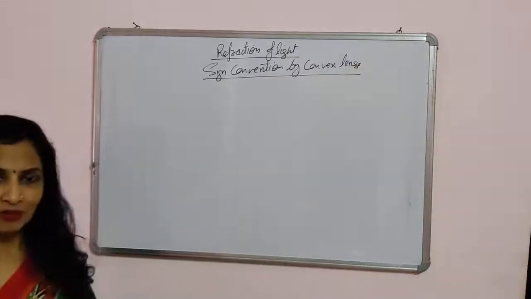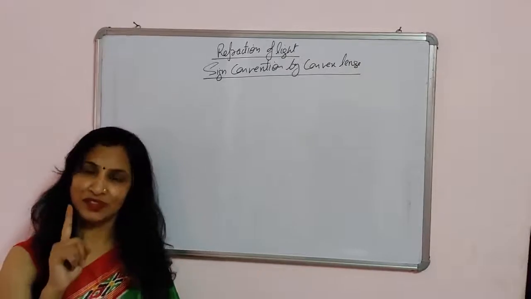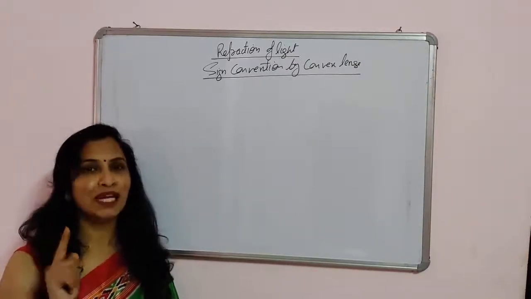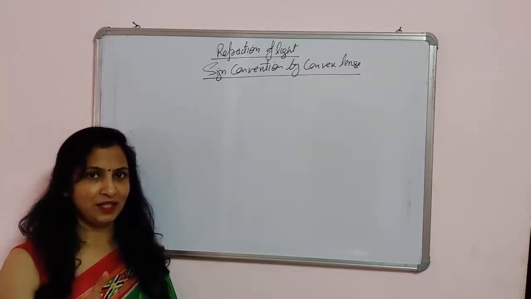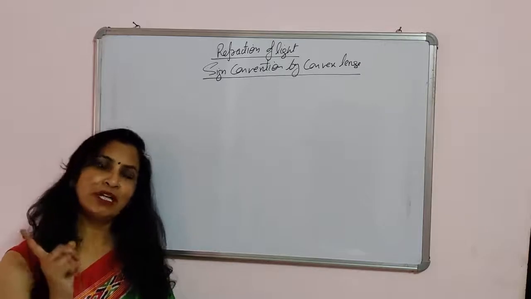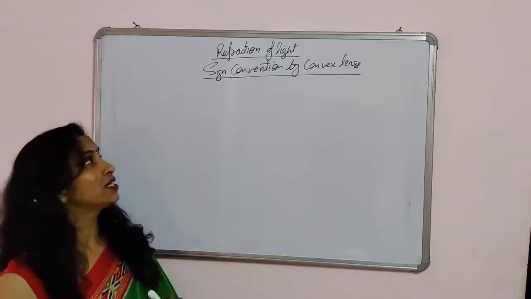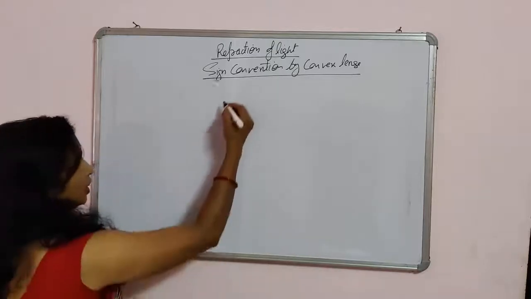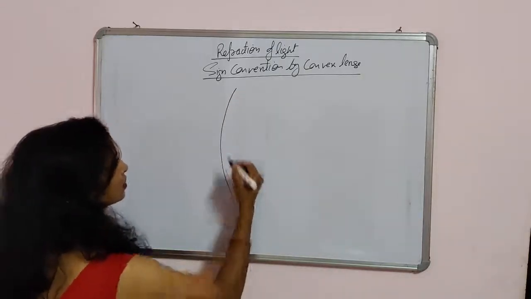For sign convention, first it's really important that you should know how you can obtain images by using the convex lens. If you know image formation by the convex lens, it will become easy for you to understand the sign convention for the convex lens. This is actually the lens. This is the convex lens.